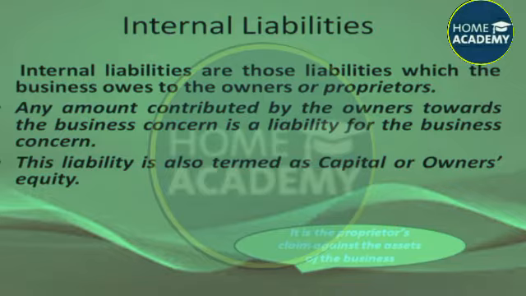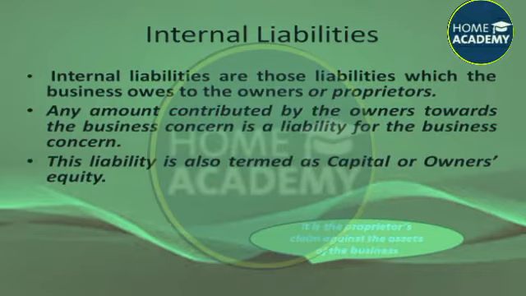Now, internal liabilities. Internal liabilities are those liabilities which the business owes to the owners or the proprietors. That is why the word internal. So, the liabilities are owed by the business to its internal owners or the proprietors. These are the amounts contributed by the owners towards the business, and it constitutes a liability for the business concern.